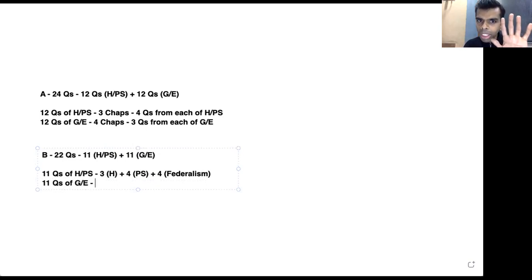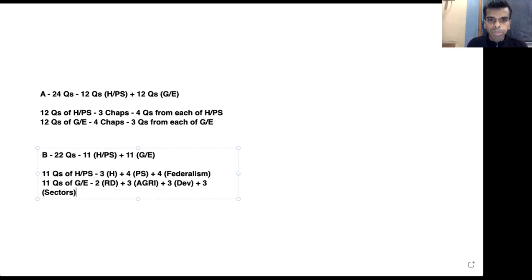So since 5 questions are geography, 2 questions in the paper are from resource and development, plus 3 questions are from agriculture, plus 3 questions are from development chapter, plus 3 questions are from sectors of Indian economy chapter. So I want you to understand the division of the entire paper properly.